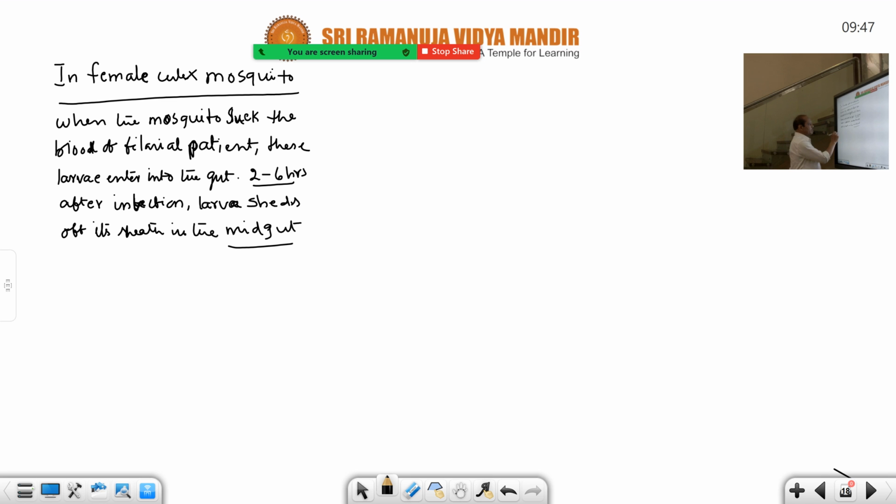So after the midgut, where does it reach? Let us take this midgut. From the midgut, it enters into the hemocoel; the course of journey I am giving you here in the mosquito. What is hemocoel? Already I told you. Hemocoel is a body cavity filled with blood of both arthropods and mollusca. So mosquitoes are arthropods. From the midgut, larvae enter into the hemocoel.